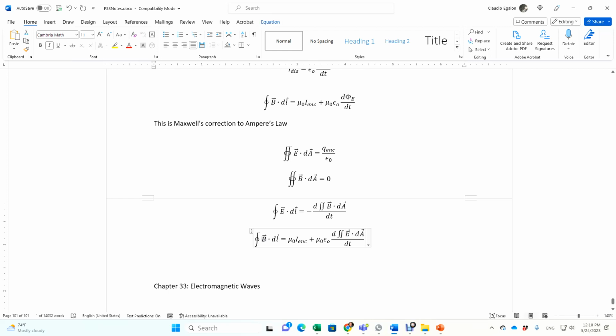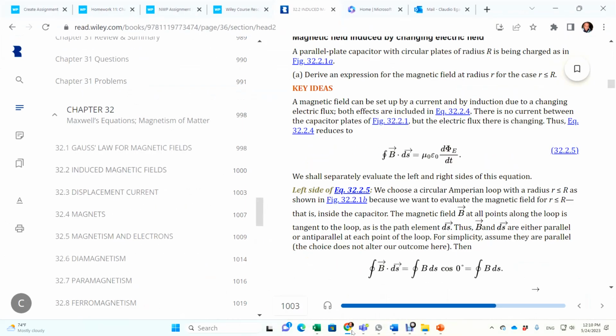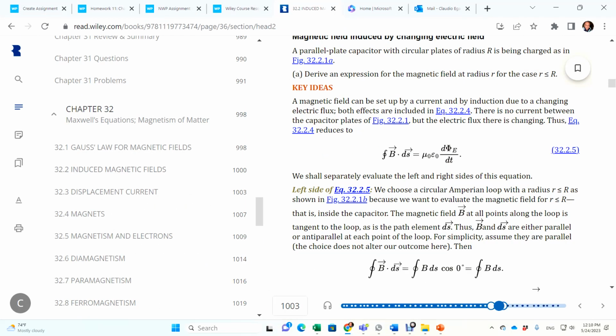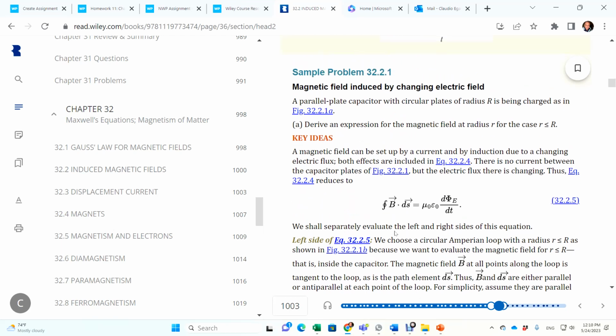If it goes one way, it has to go the other way as well. And we can come up with a very good example, very similar to what we saw before for a changing magnetic flux inside a solenoid. A changing magnetic flux inside a solenoid induces an electric field outside.